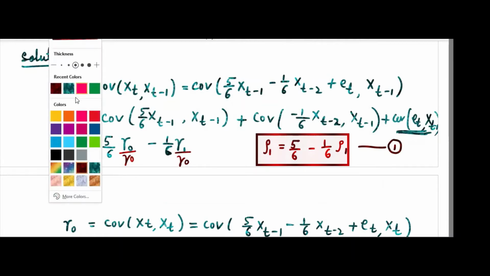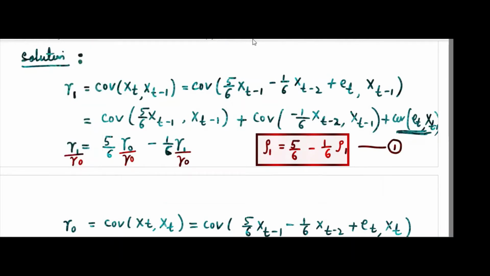While writing, you can see this equation, here xt minus 1, we can write t minus 2 here. You just replace this one. So now this and this, there is lag 1, so I can write left hand side is rho 2 here. So rho 2 is equal to, the first one is t minus 1, t minus 2, that is lag 1.